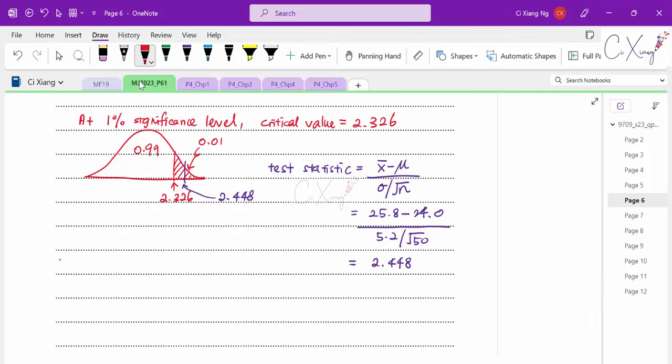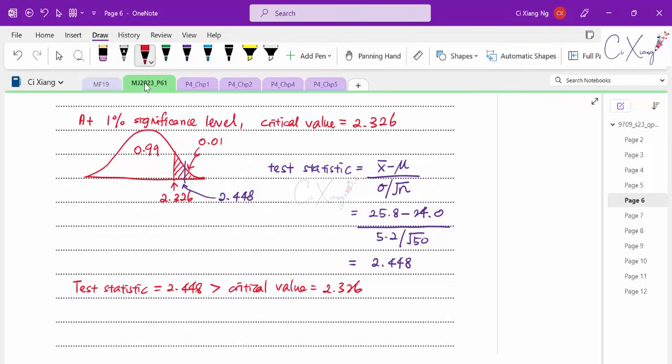Okay, so to make a decision, of course, we need to write out the criteria that we decide first. So the test statistic, we can make a conclusion like this. The test statistic is equal to 2.448 and it is greater than the critical value, which is equal to 2.326.